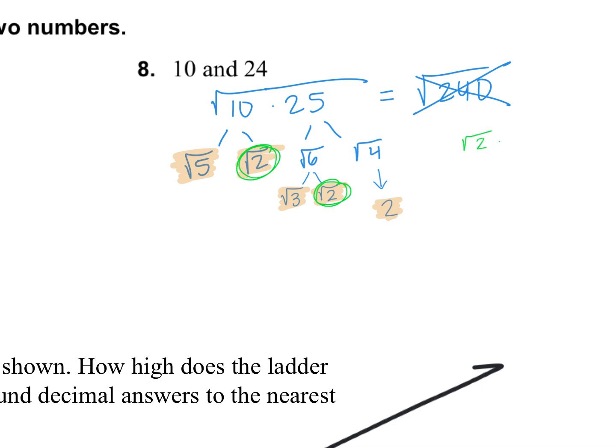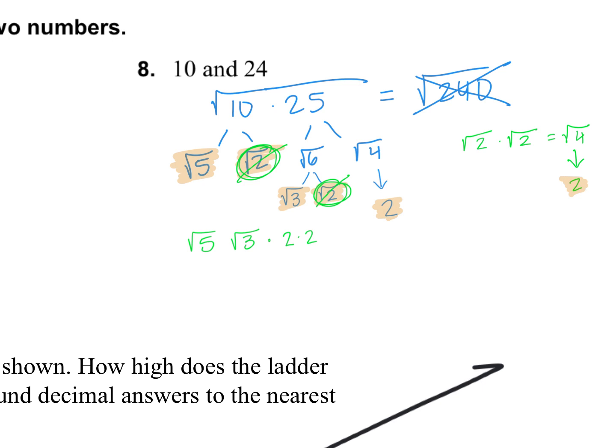Radical 2 times radical 2 is going to give me radical 4, which is a perfect 2 as a whole. Okay, so I just changed these to this 2 right here. So I'm going to write down what I have. I have radical 5 times radical 3 times 2 times 2.